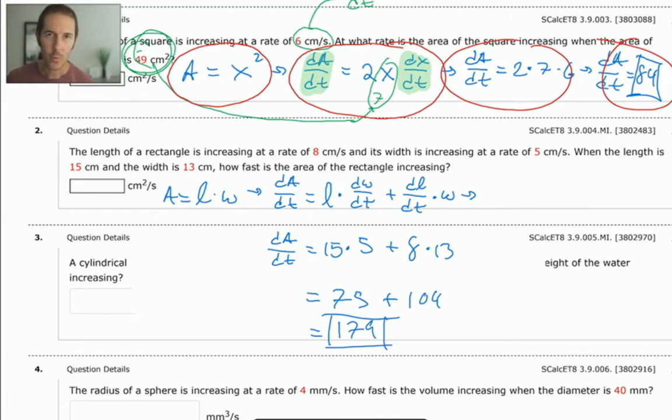Who cares? Why would anybody care about something like this? The balloon example is probably better because if I'm trying to get my balloon to increase its radius at a particular rate, I might need to be pumping air into the balloon and changing its volume at a particular rate.